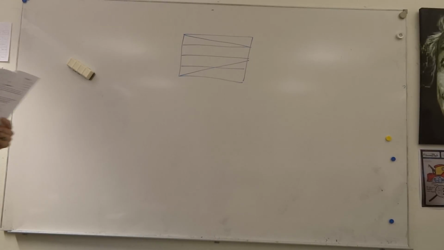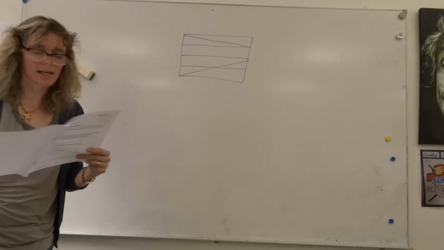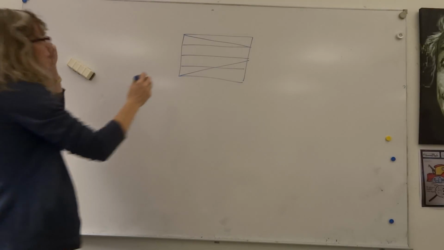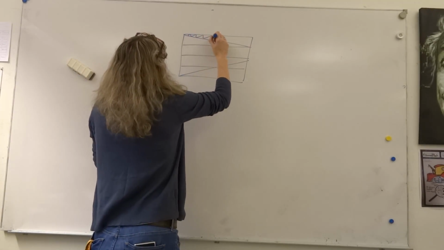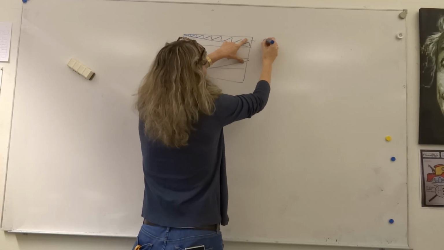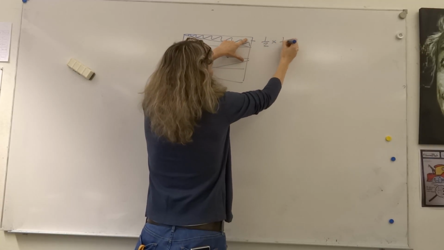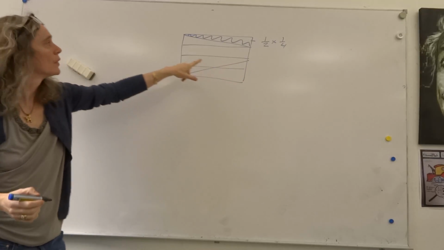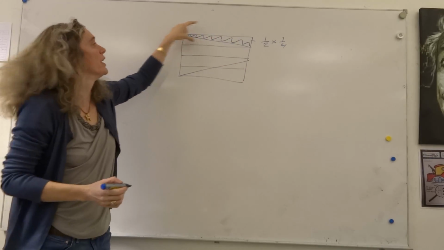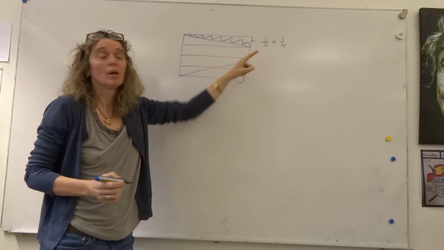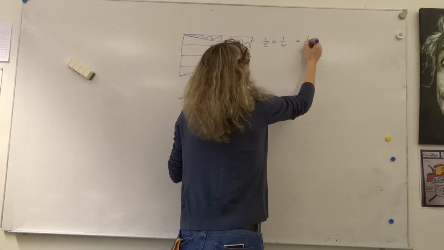And how do we decide how much of this figure is shaded? Well, if we look at this one, we can see that this one is half of a quarter. So half of this quarter is shaded, okay, which is the same as 1/8.